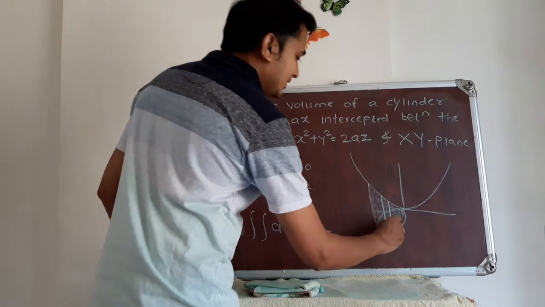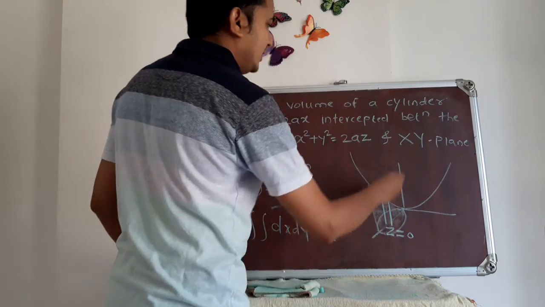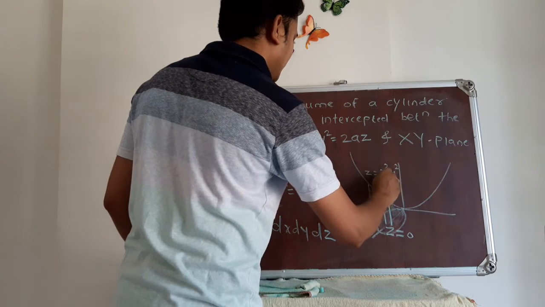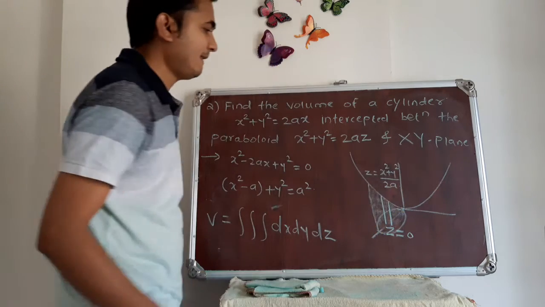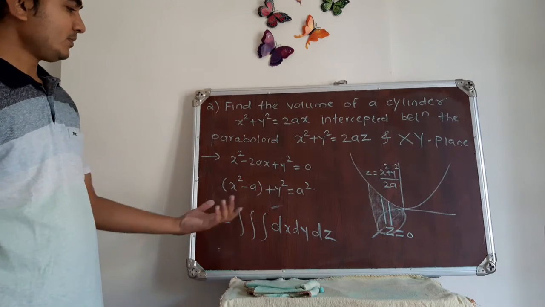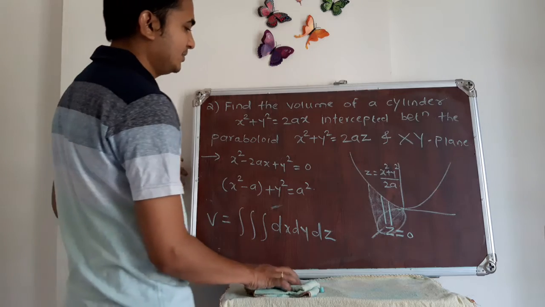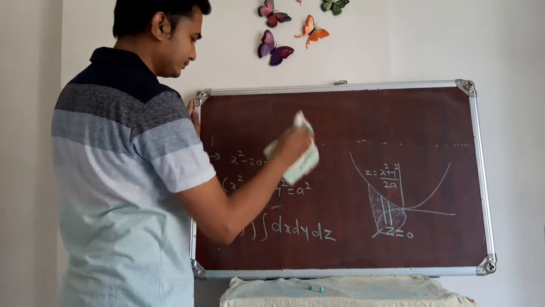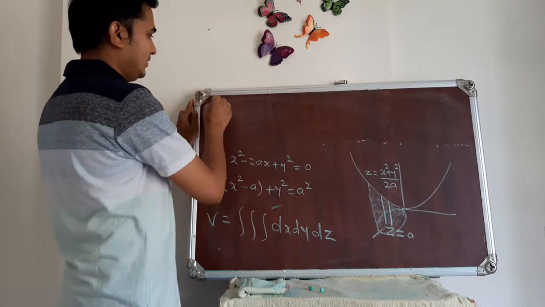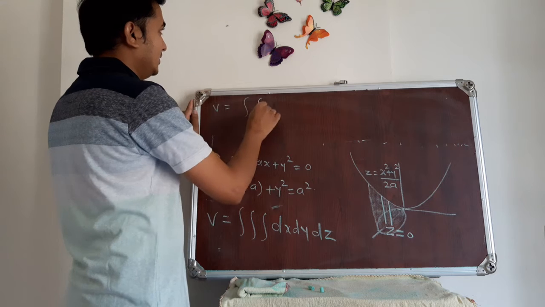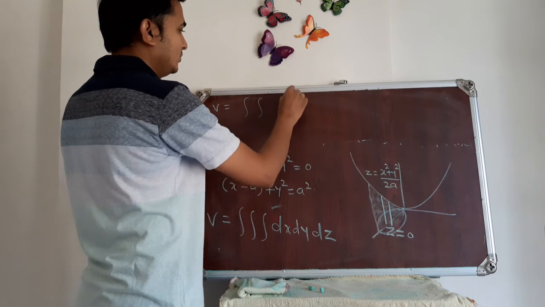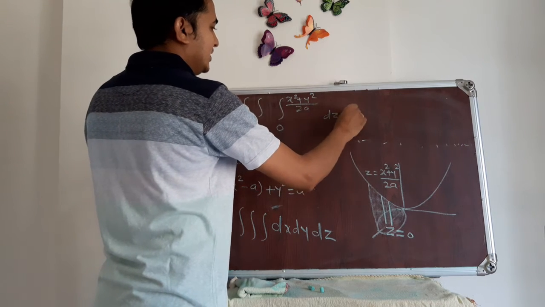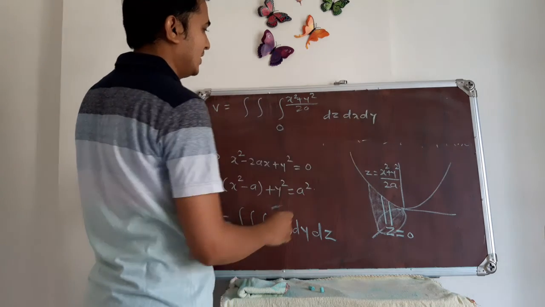In the xy plane, z is equal to 0, and here z is equal to (x² + y²)/2a. So V is equal to the integral with z limits 0 to (x² + y²)/2a, dz dx dy.